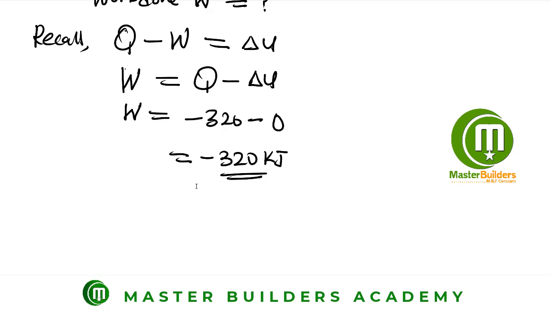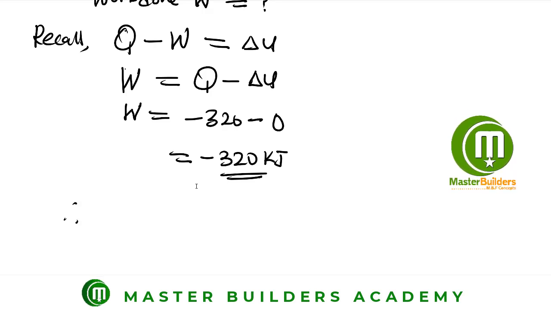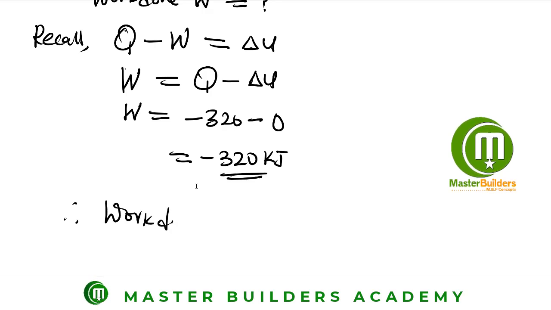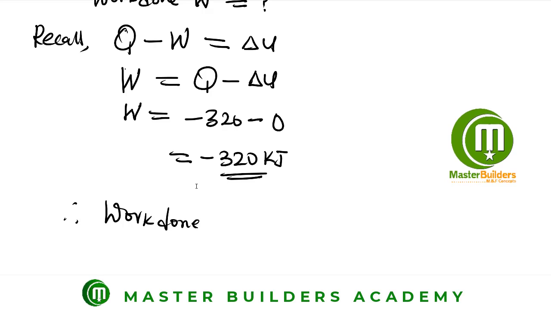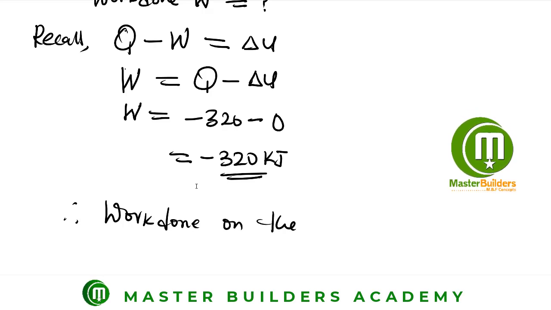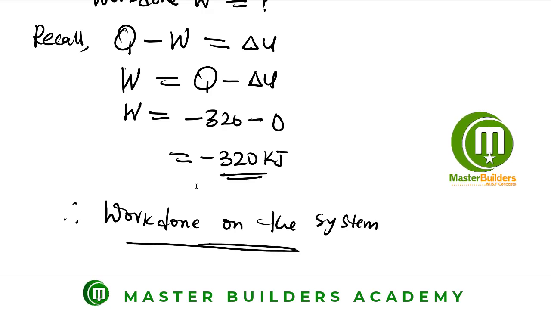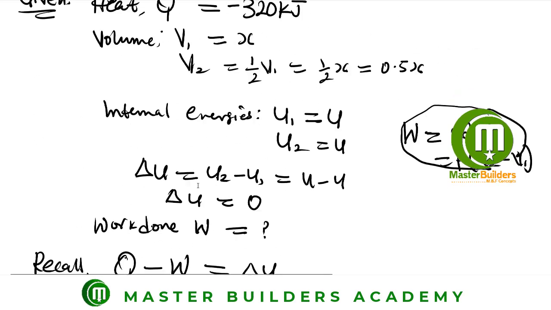So because this value is negative, it shows that this work was done on the system but not by the system. Therefore, work done on the system. I hope you understand this condition. So this work is done on the system, not by the system.